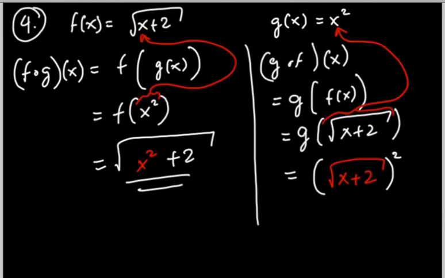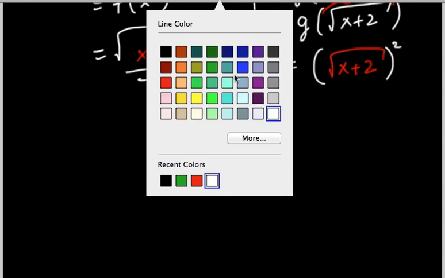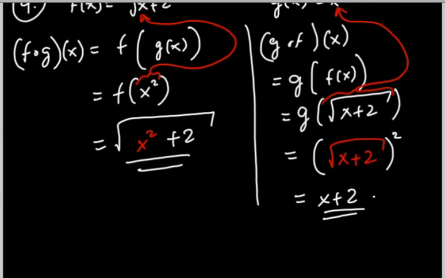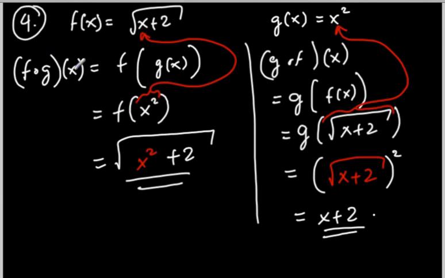So that is equal to x plus 2, because the square root and the square sort of cancel out, so you're left with x plus 2. So this is the solution for g of f, and this is the solution for, maybe I should just write this, x squared plus 2. This is the solution for f of g.